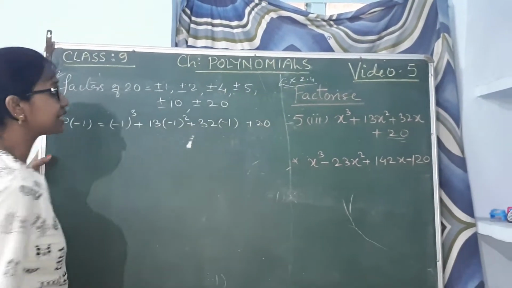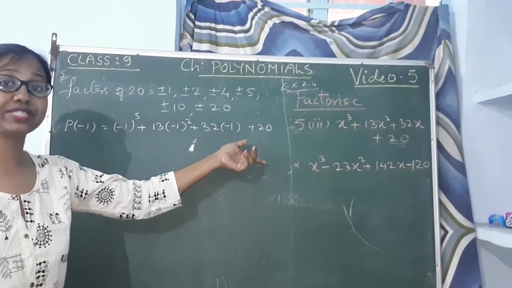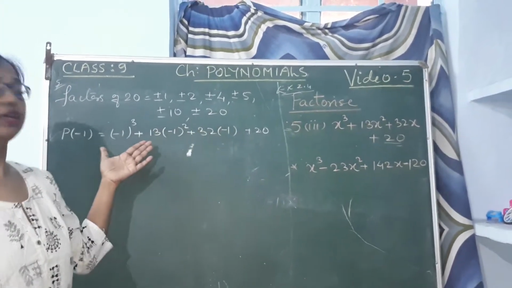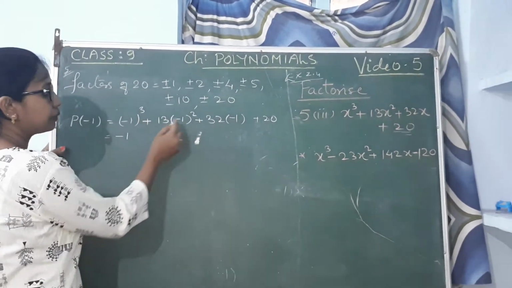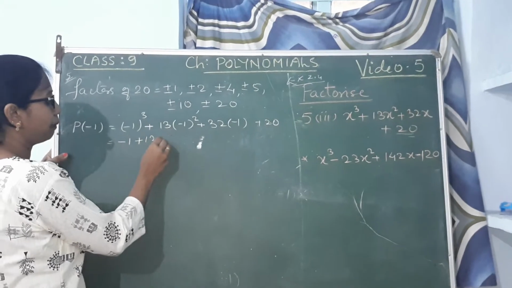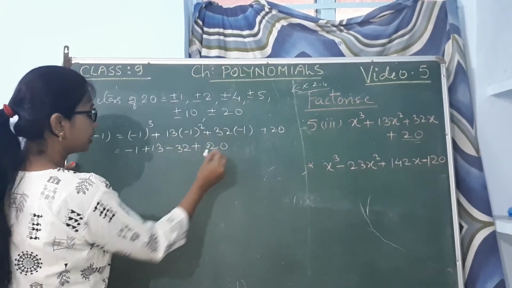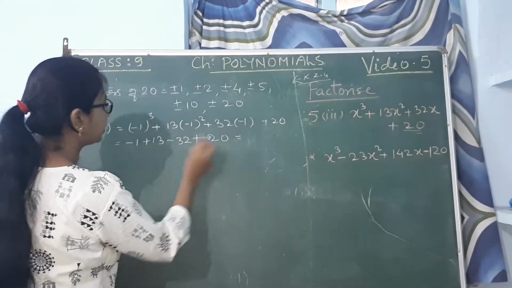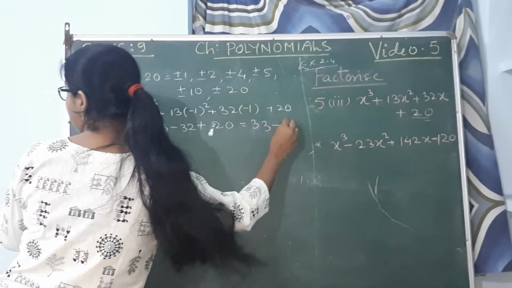You can simply check this in your rough space and then finally write down the value which satisfies the equation in the fair copy. This is minus 1 plus 13 minus 32 plus 20. Add the positive terms: 20 plus 13 gives you 33. Minus 32 minus 1 gives you minus 33.